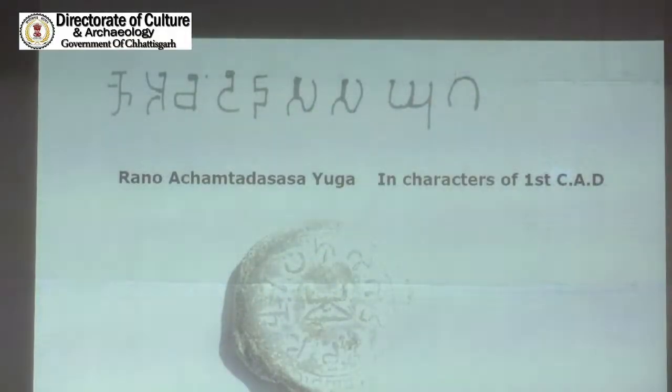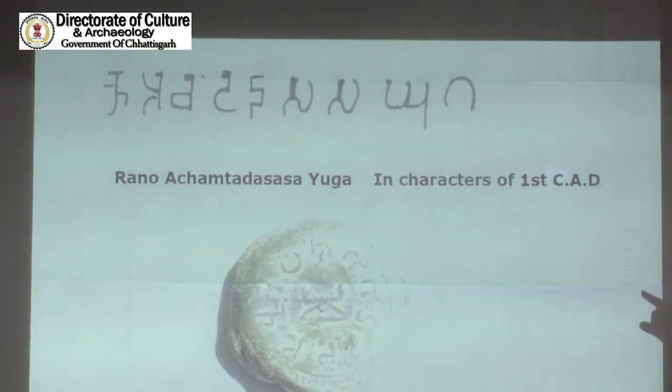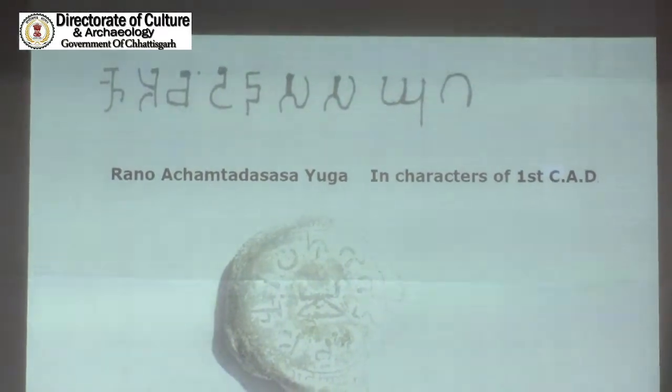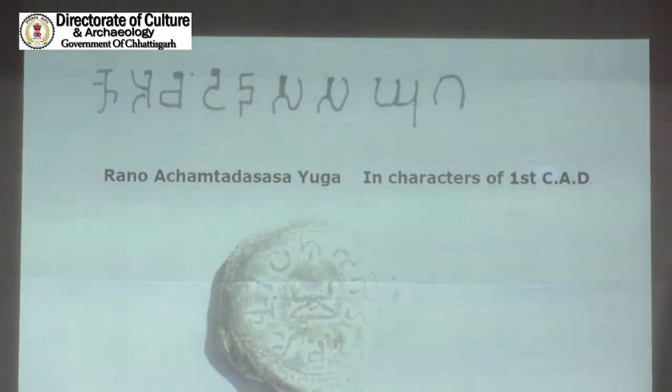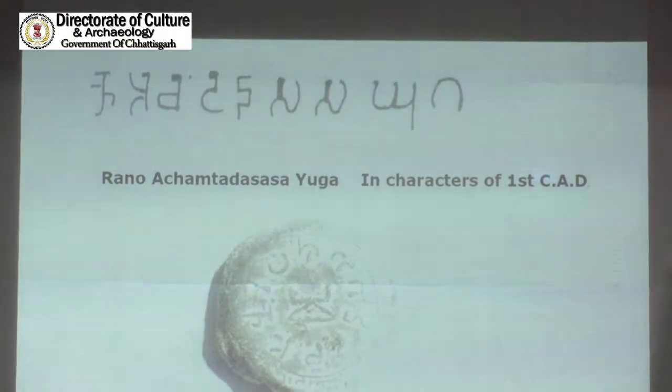So I have made an eye copy of what is written in a circular, clockwise direction. See, it starts here. Rayo. We call it 10 o'clock.